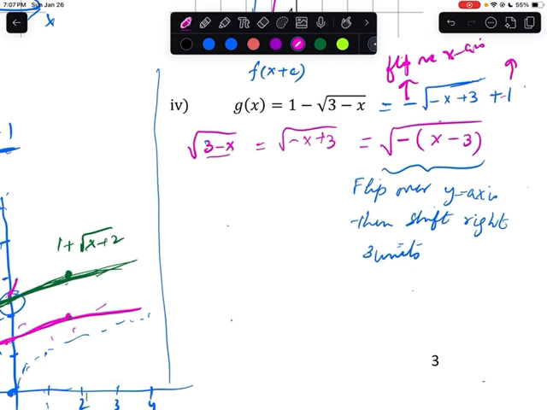So this is going to be this. When you see something like this, it means a flip over the y-axis due to this negative, and then this is giving us the shift 3 to the right.